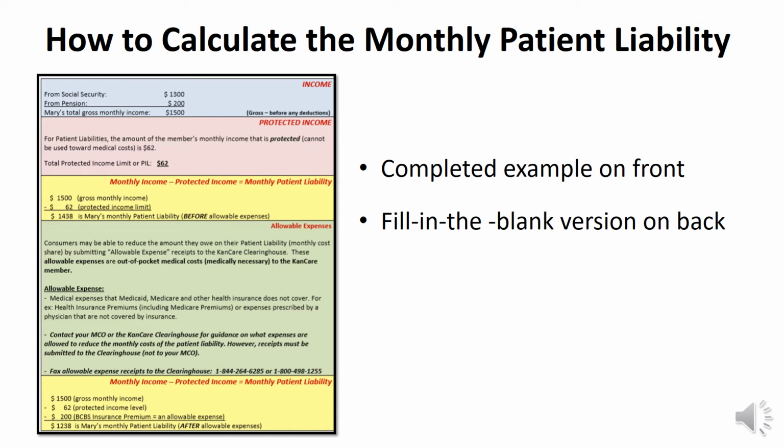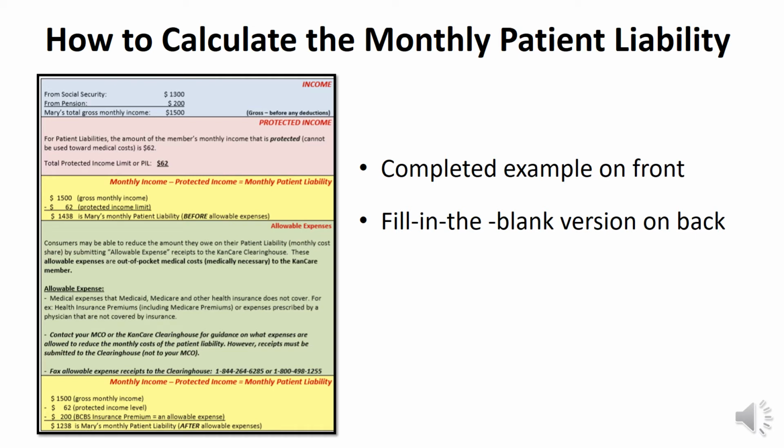Our example will be Mary, and her Social Security and pension combined give her $1,500 a month income. That's always gross, before any deductions. Then you've got your protected income level, which we know is $62 for nursing facilities, in the pink.